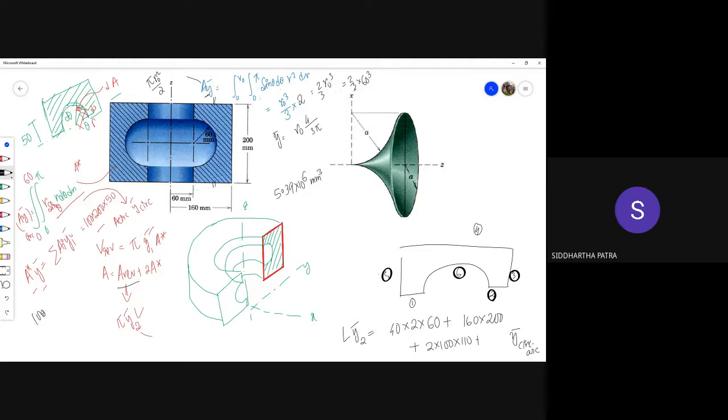So you have 100 times 200 times 50 minus 60 cube times 2. So this is the A times y bar. So this is 10 to the power 6 minus this.